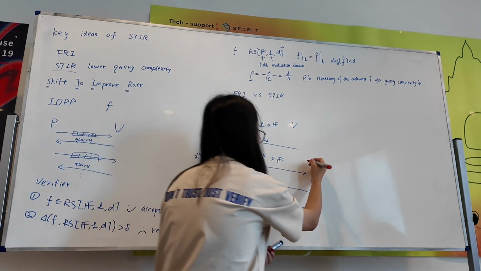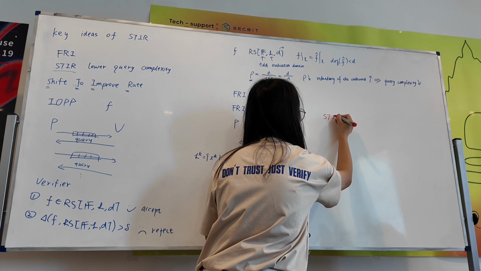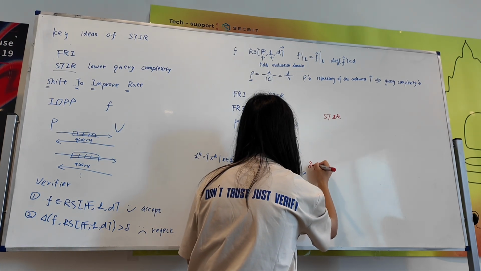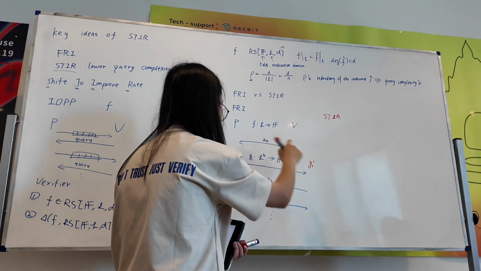And this is STIR. He will send back g prime, also using the same alpha 0.